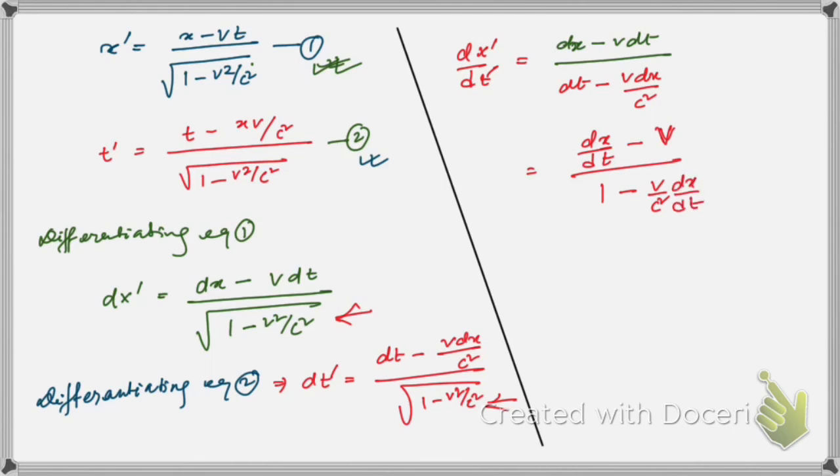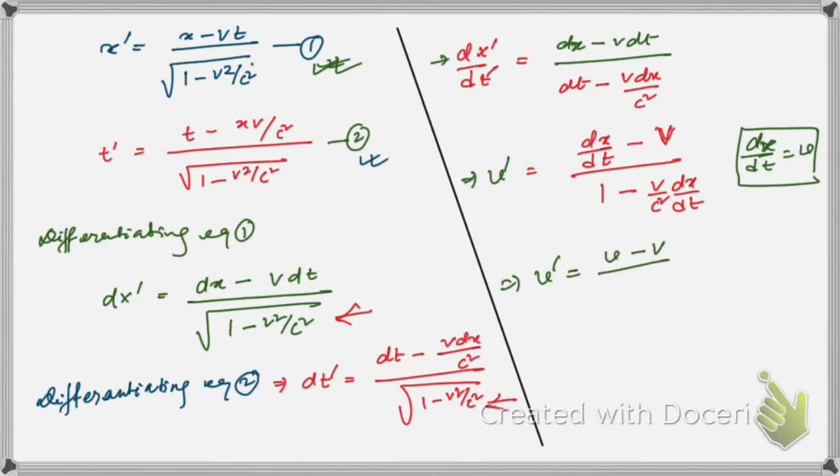You know dx by dt is nothing but u, the velocity of the particle, and dx dash by dt is u dash, right? So here you can write u dash equals u minus v by 1 minus uv by c square.